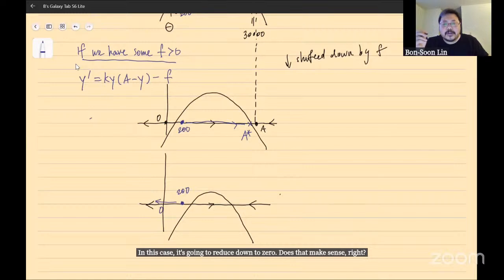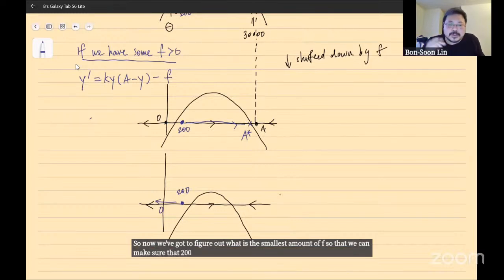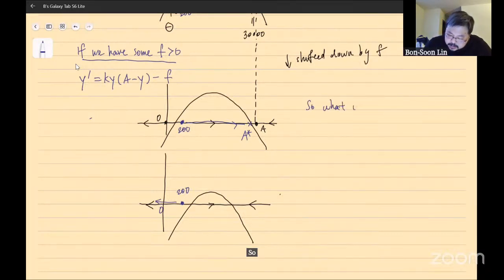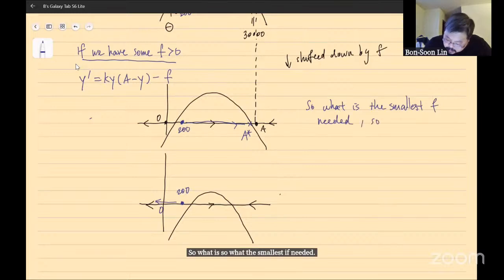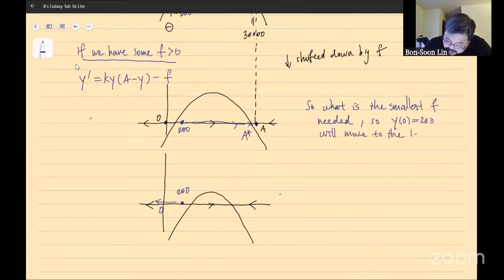So now we have to figure out what is the smallest amount of f so that we can make sure that 200 is in the moving-to-the-left region. So what is the smallest f needed? y of 0 equals 200 will move to the left.